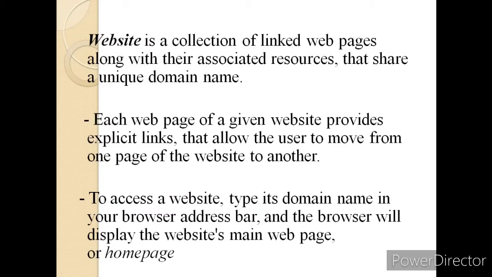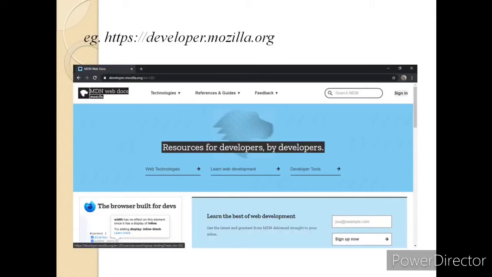To access a website, type its domain name in the browser's address bar. The browser will display the website's main page or home page. For example, if I write https://developer.mozilla.org in my web browser's address bar, this is called the address bar.